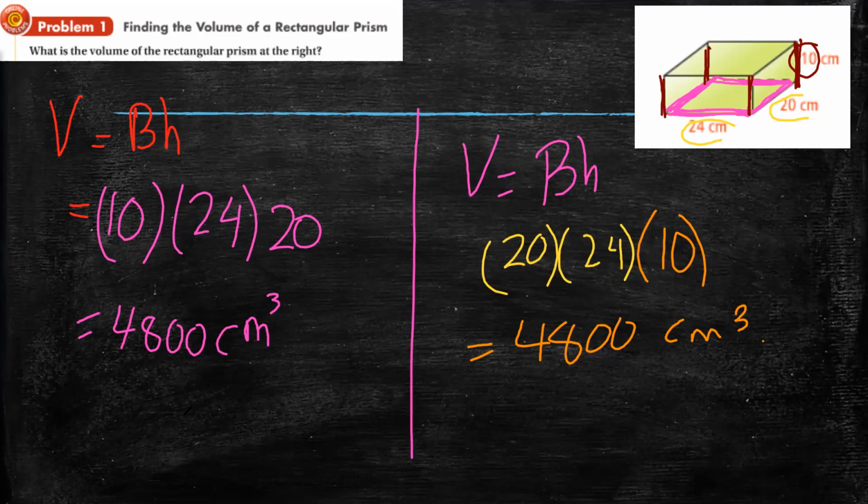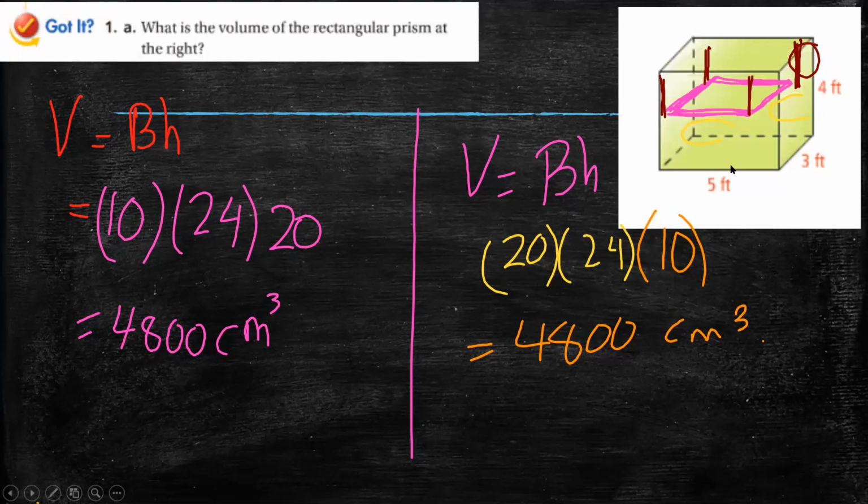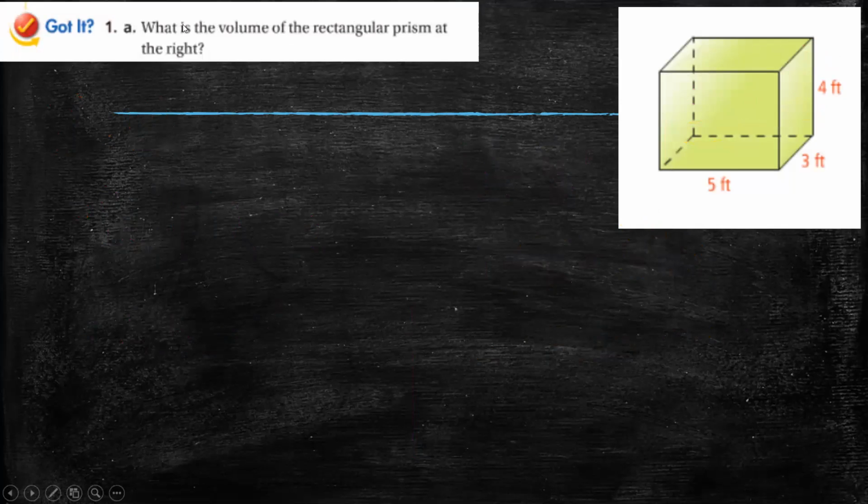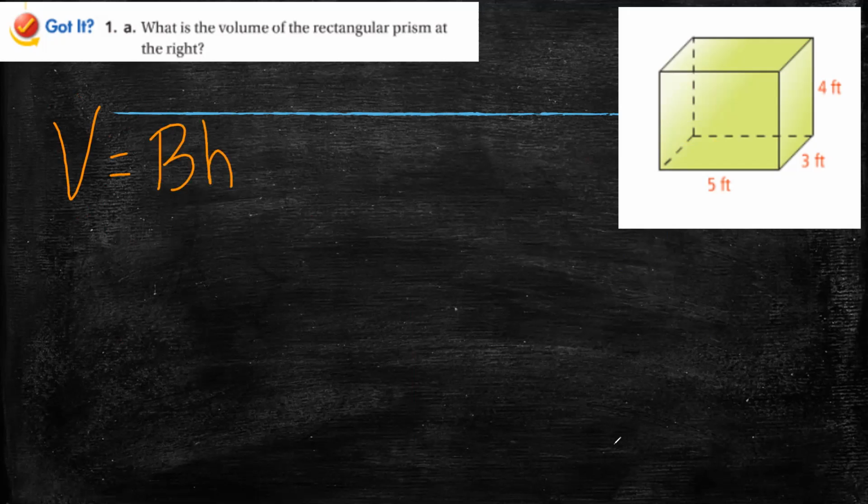Now let's do another example here. What is the volume of the rectangular prism at the right? Here now, the volume, as we said, it is B times H. Where's the base?